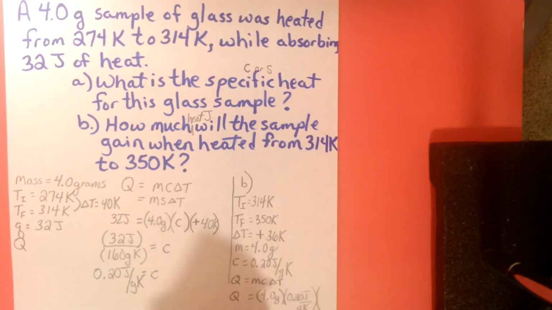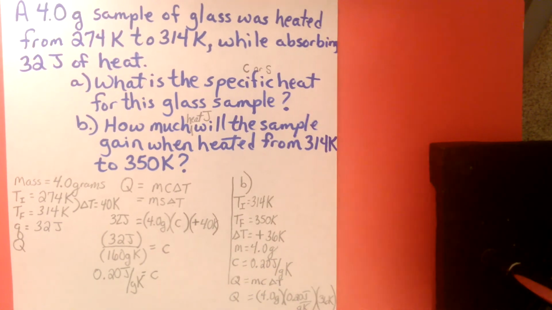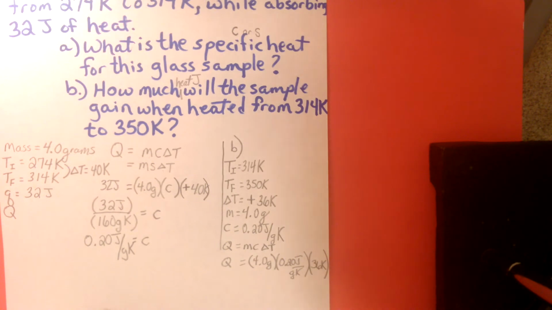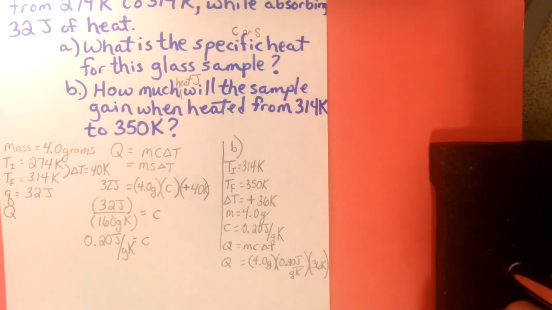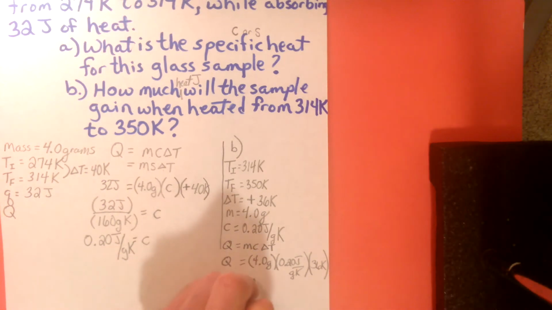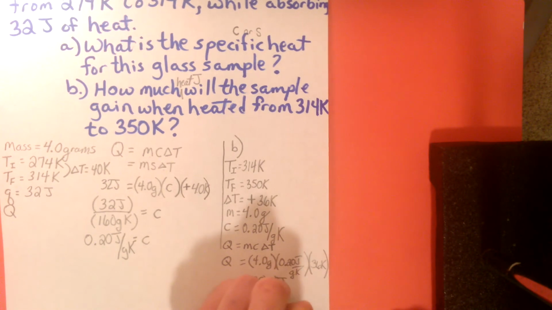And 36 Kelvin, that's our change in temperature. Again, notice it is positive because we are increasing the temperature. Heat is being absorbed in this process. So we go 4.0 times 0.2 times 36, and we get a value of 28.8. Now this is joules.